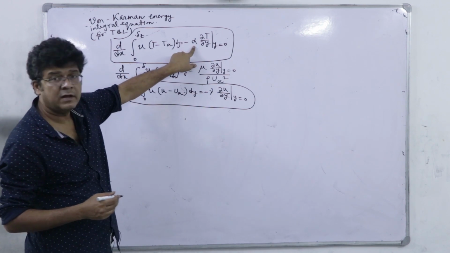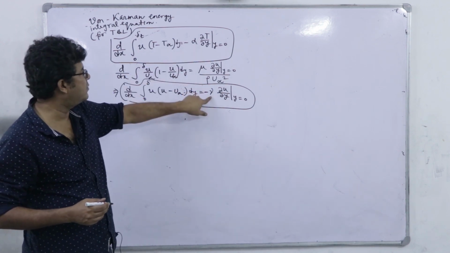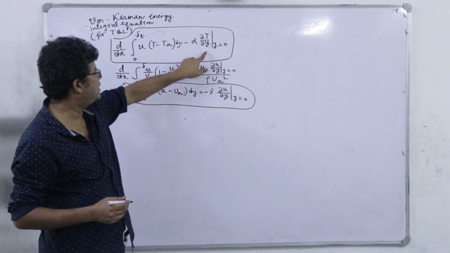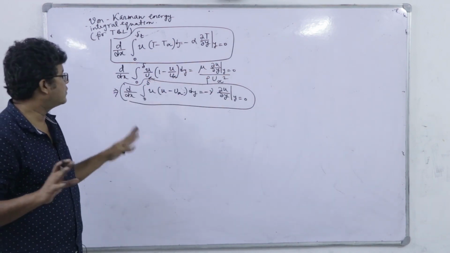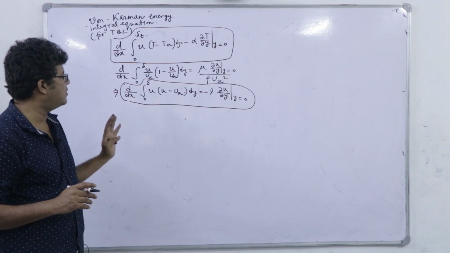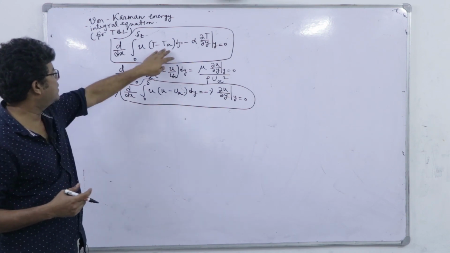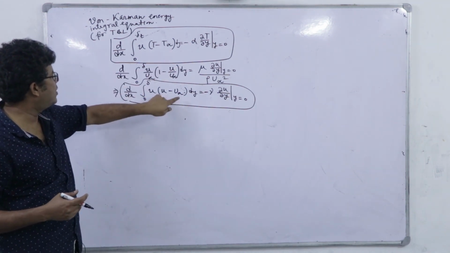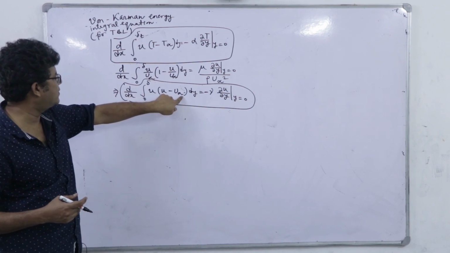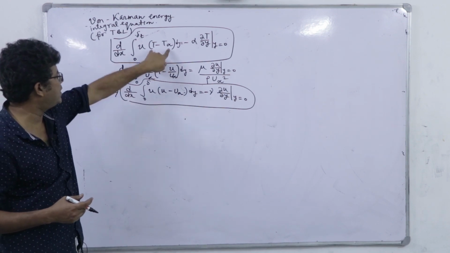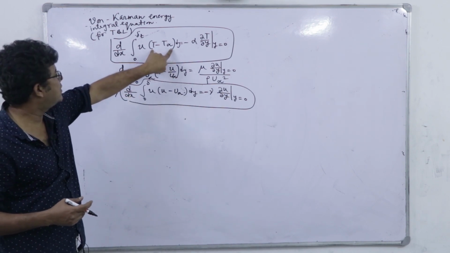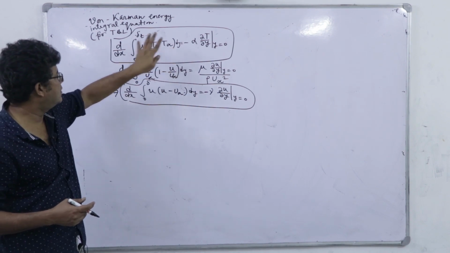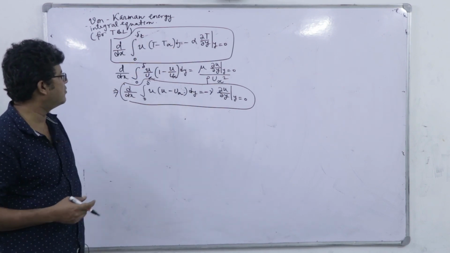Here minus alpha, the thermal diffusivity, and here nu, the momentum diffusivity; del T del y at y equal to 0, and here del u del y at y equal to 0. Structurally they are very similar, but one is the difference of the local property and the free stream property. This is velocity because it is the momentum integral; here it is the thermal boundary layer, so it is the thermal, energy integral equation.